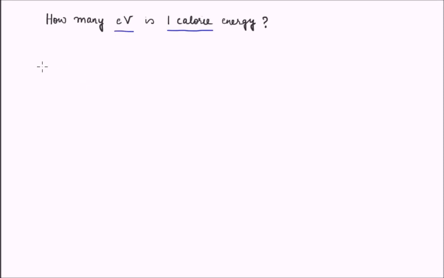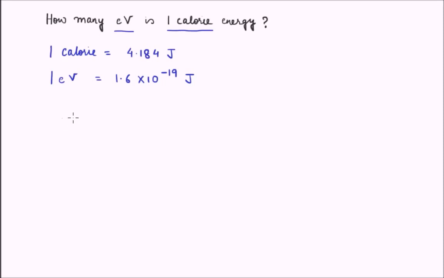Now as we just read, 1 calorie is equal to 4.184 joules of energy, and 1 electron volt is equal to 1.6 into 10 to the power minus 19 joule of energy. So we need to find out how many times this is equal to this. That will give us how many electron volts are there in 1 calorie of energy.